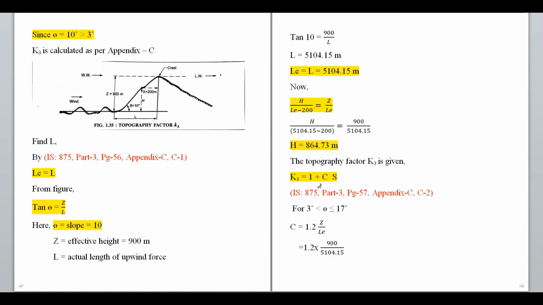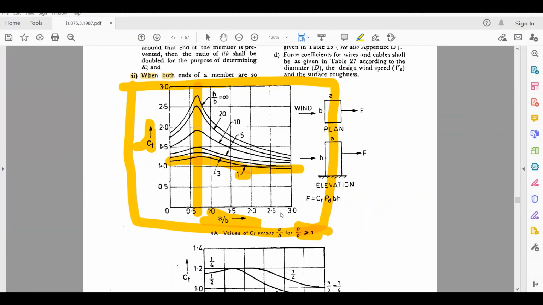Now we have the topography factor K3 as equation 1 plus CS, from IS 875 part 3, appendix C, page number 87.